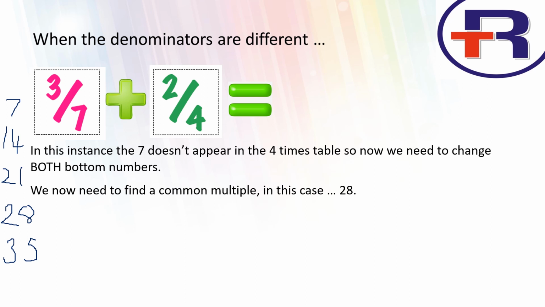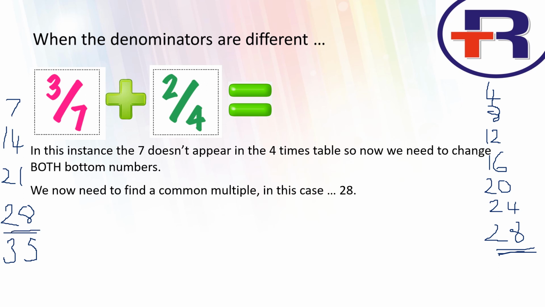I'm going to write the 4 times table over here. What I'm looking for is a number that appears in both times tables. There it is. It's the number 28. The number 28 appears in both times tables.